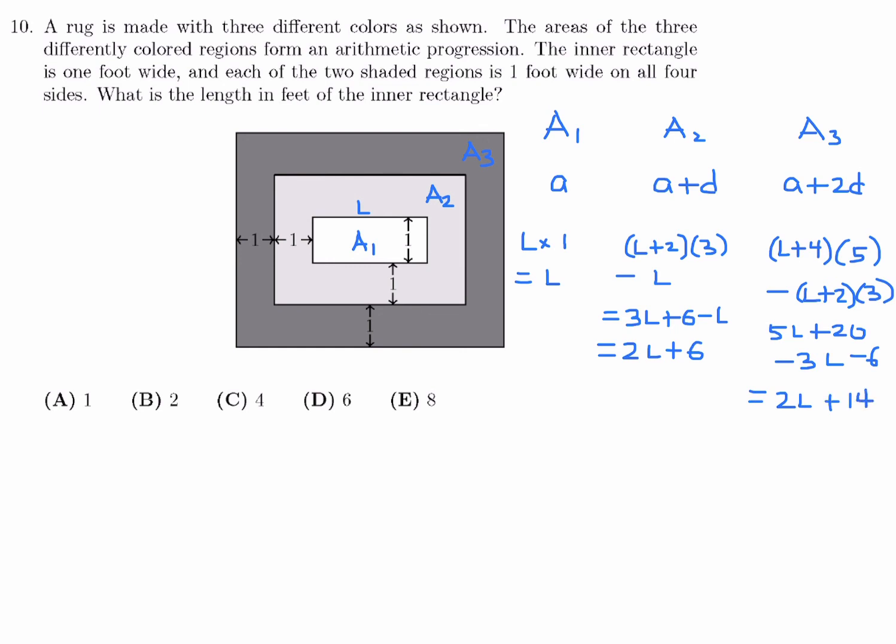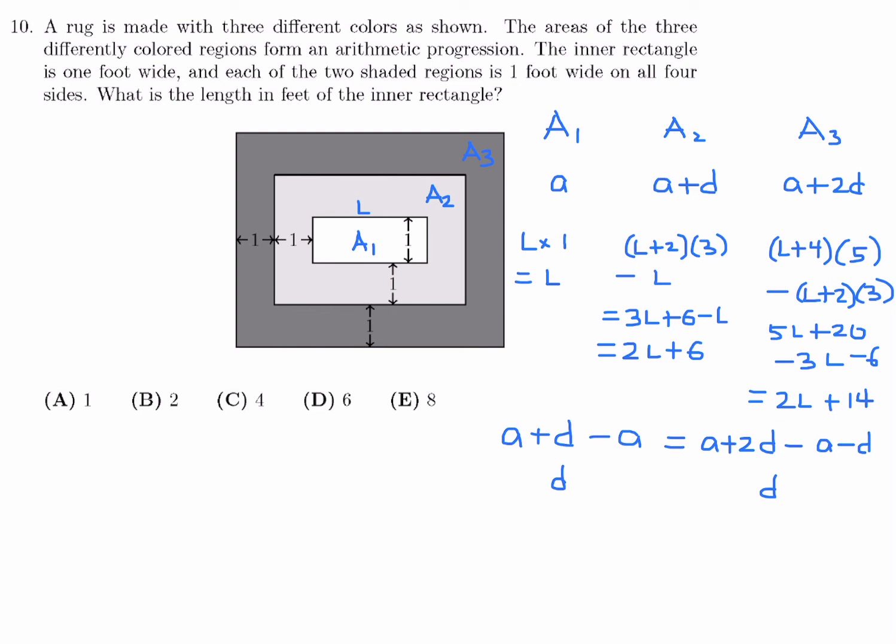All right, so we got our numbers, but we still have it in terms of L. We actually want the value of L. Well, in an arithmetic sequence, the second term, if you subtract from it the first term, you just get D, right? And that is equivalent to the third term, subtract from it the second term, A plus 2D minus A plus D like that, and as you can see, that also becomes D. So we'll do that with these numbers here.